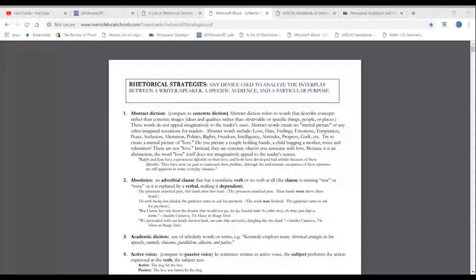Right, I'm going to share again and do another one. Oh, hang on, slowing down. Rhetorical strategies, any device used to analyze the interplay between a writer or speaker, a specific audience, and a particular purpose.